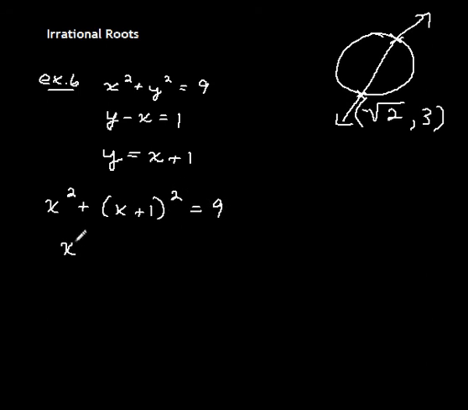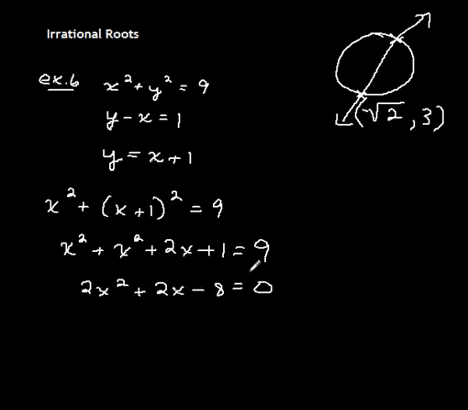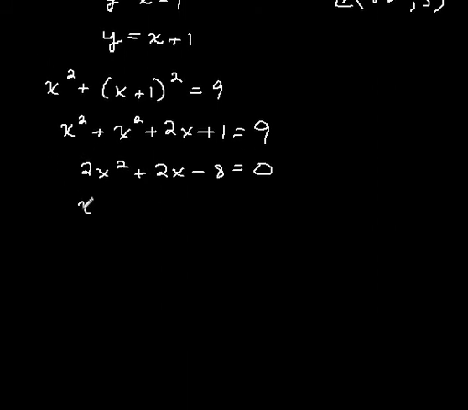Then we would get x squared plus x squared plus 2x plus 1, remember to do the little trick there, equals 9. 2x squared plus 2x minus 8 equals 0. We can divide everything by 2 just to make it simpler. So we're going to get x squared plus x minus 4 equals 0.